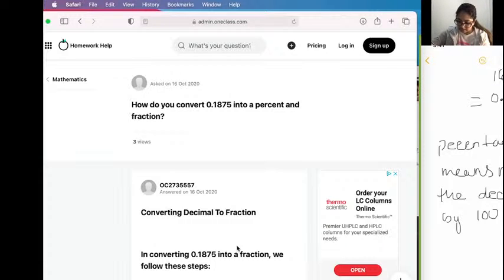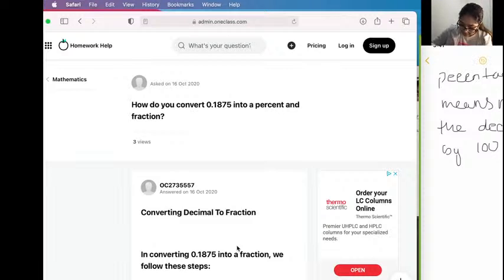So what we have here is 0.1875 multiplied by 100, and we can just move the decimal place 2 places, and what we get here is 18.75. Make sure to put the percentage symbol.